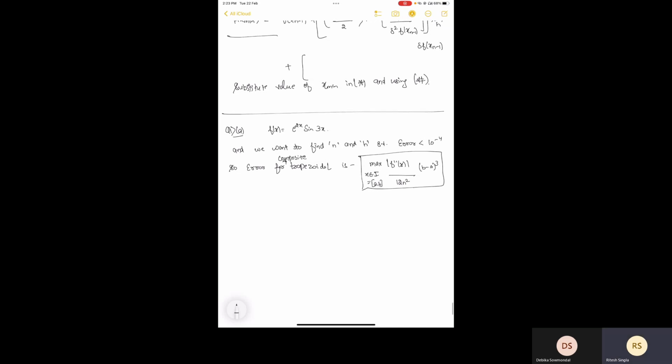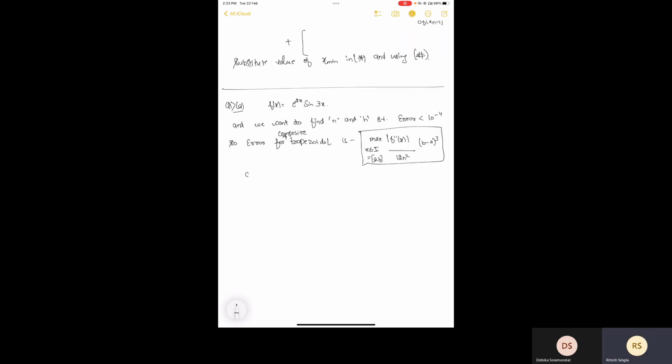So now it can be doable, right? Because your a is equal to 0, b is equal to 2, f(x) is e to the power 2x sine 3x.